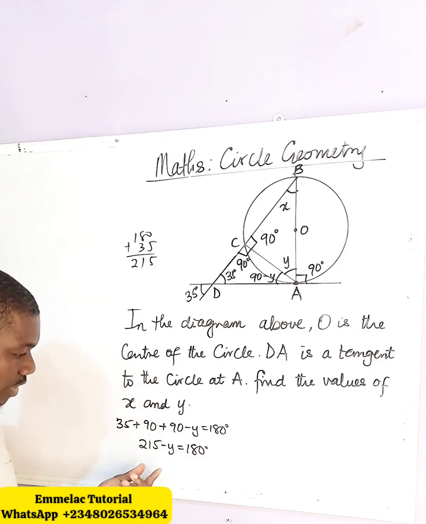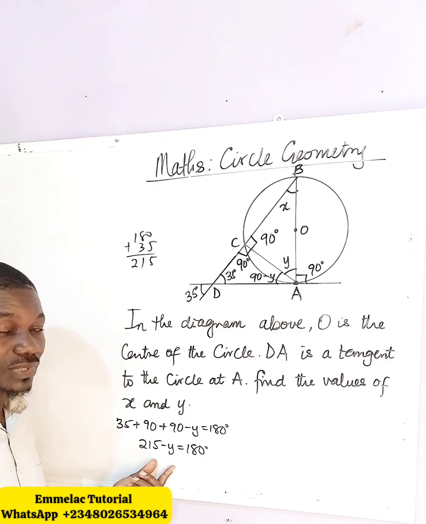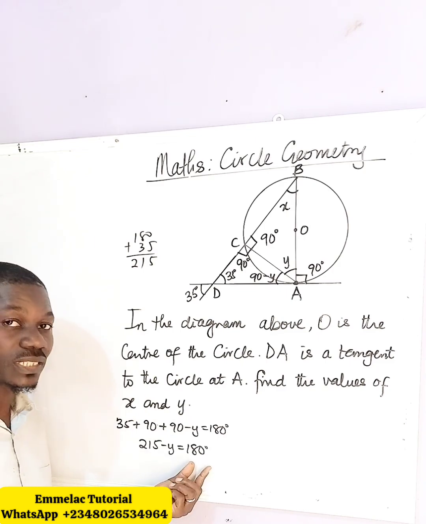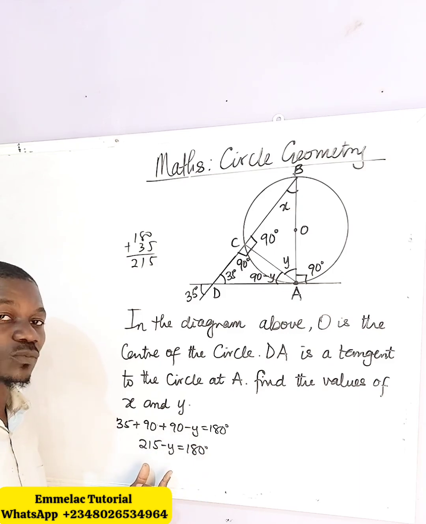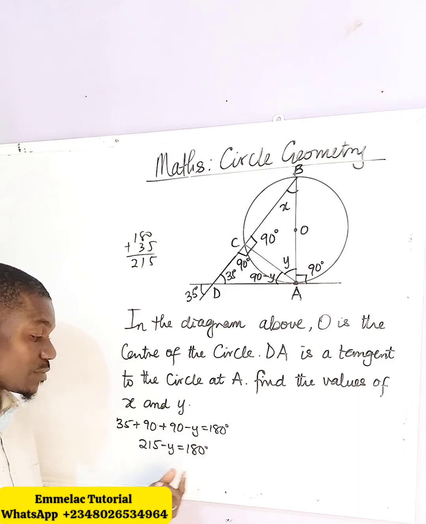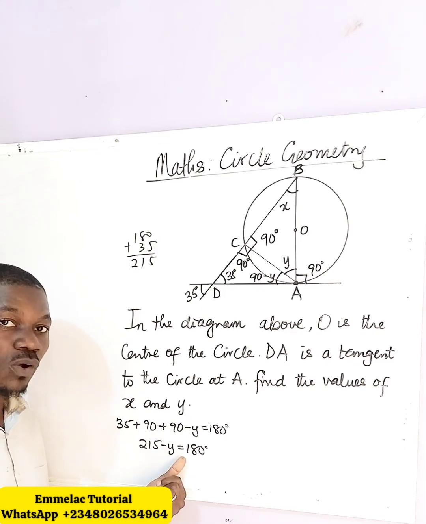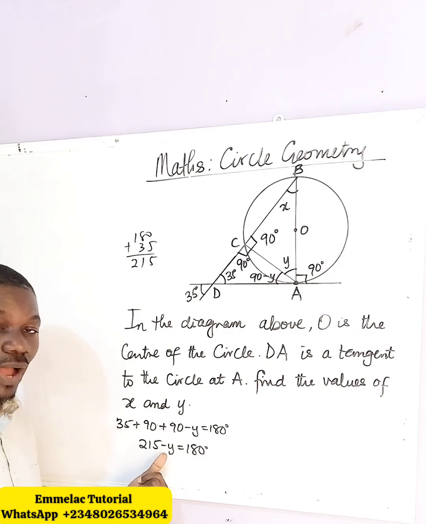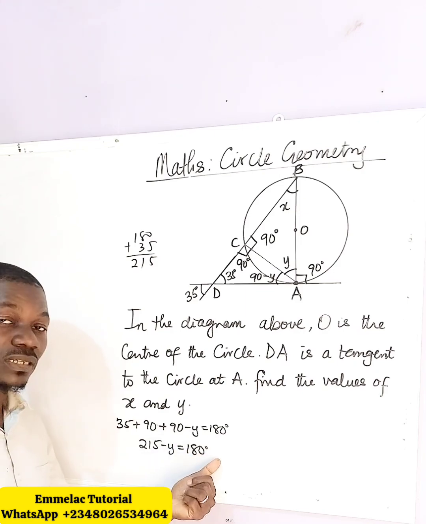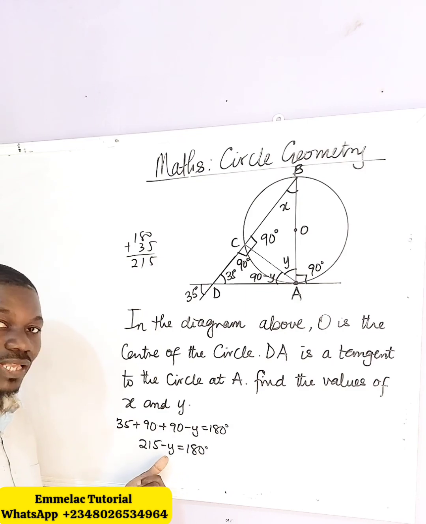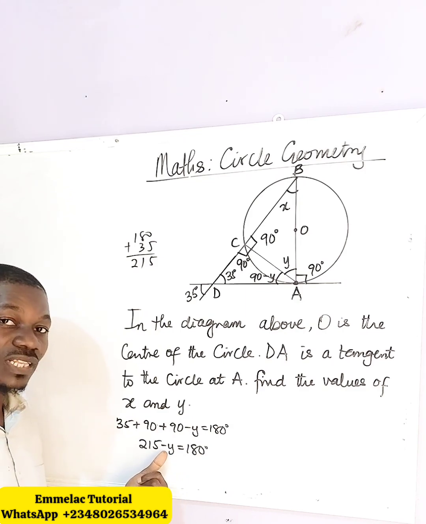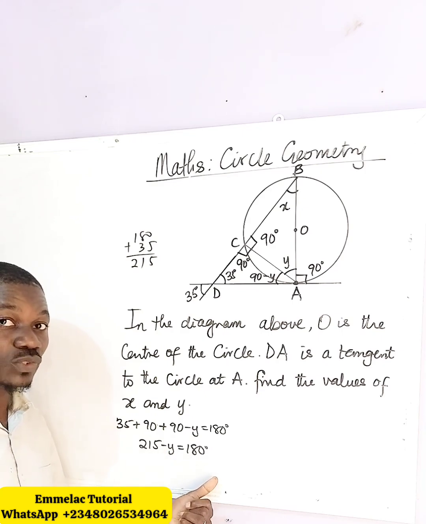At this point, let us collect like terms. By collecting like terms, 180 moves over to the left hand side, and when it moves over it becomes minus, because it is crossing an equal sign. Same thing with y, moving over to the right hand side. Because y has a negative sign here, as it crosses over, it becomes positive.